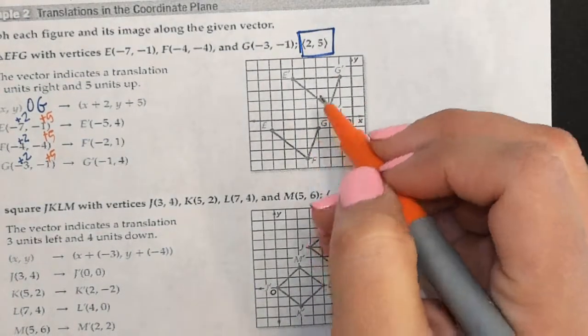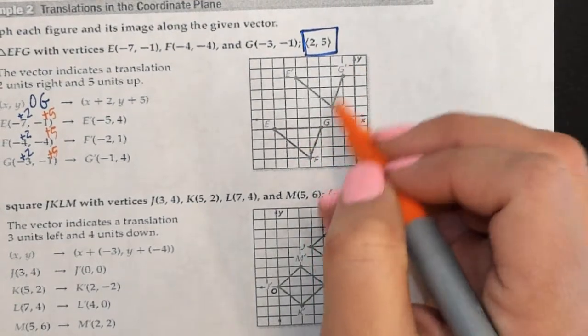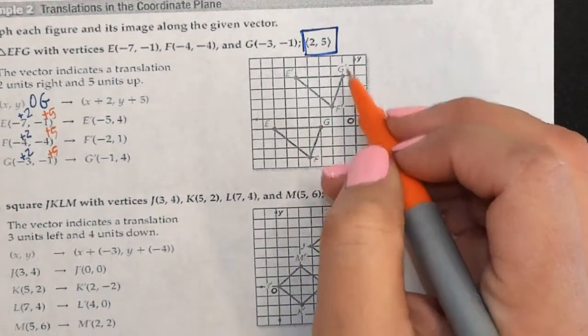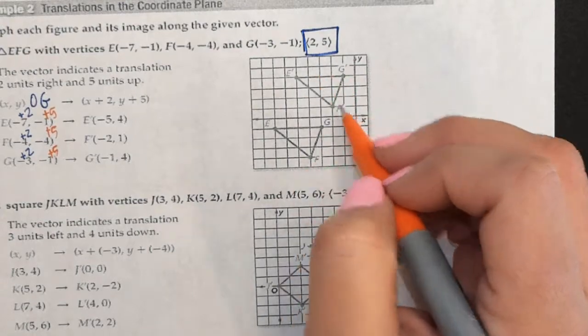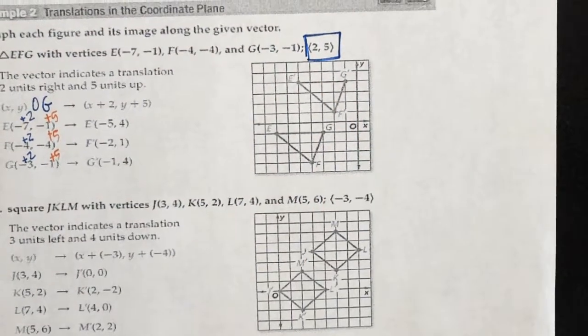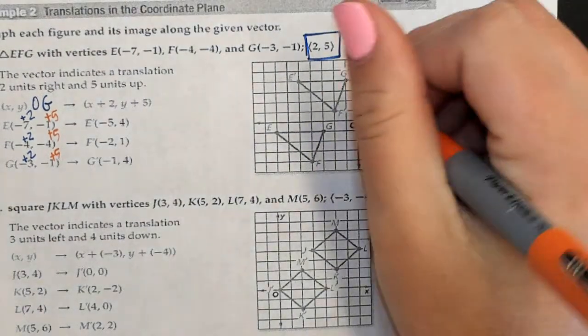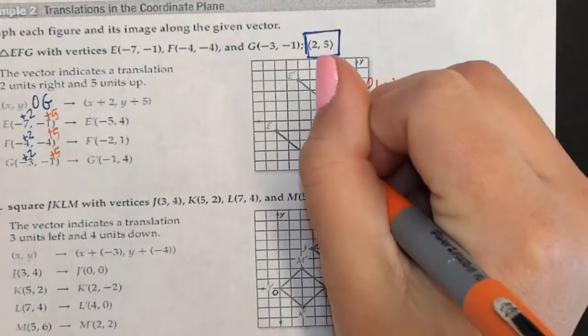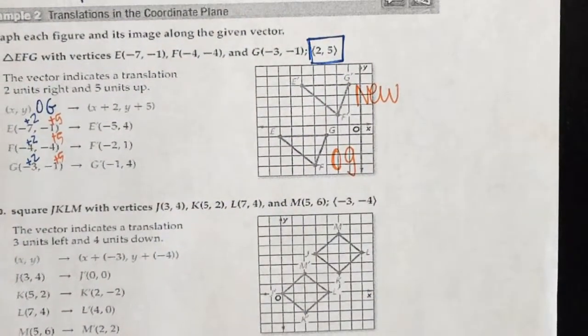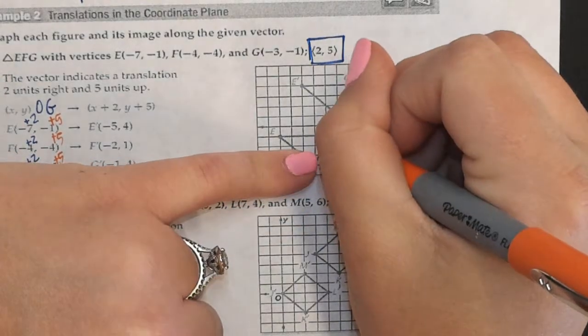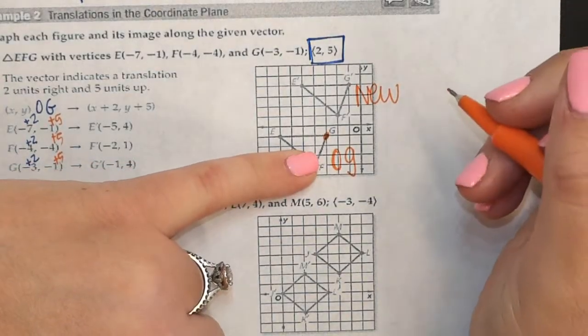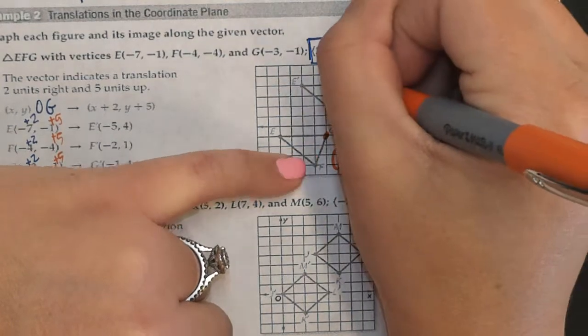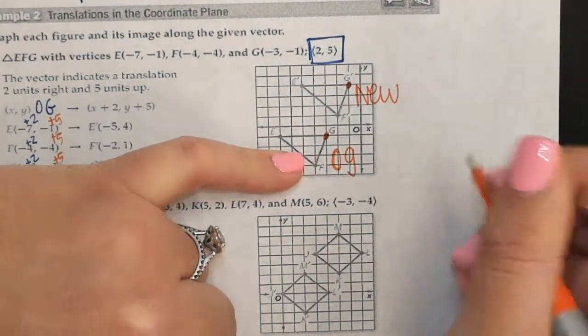So what happens, watch this. Which one of these is the new and which one's the OG? Top is the new. How did you know that? Because of the what? What are those things? Prime. This is your new. This is your OG. So watch this real quick. Put a dot on your G. And then put a dot up here on G prime.